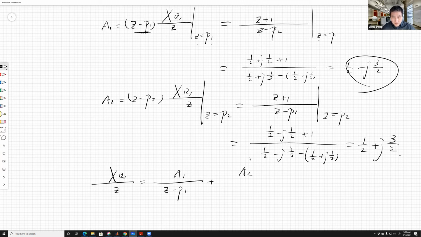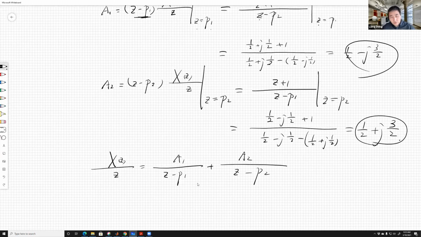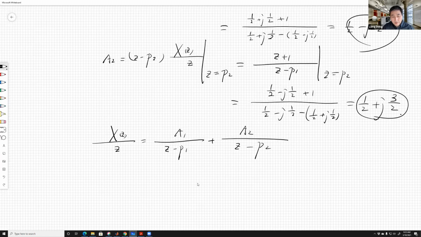I'm just using this shorthand, but I know I have all these numbers ready. How to find the inverse Z transform? Well, in this case, you have to multiply by z on both sides. So we recover X(z), which becomes this.